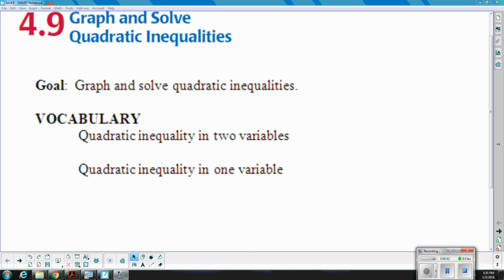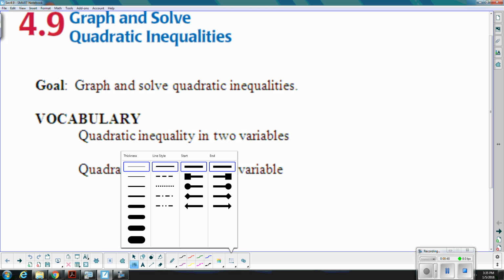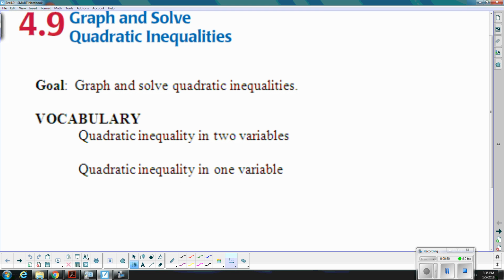With a quadratic inequality with two variables, you have an x and a y. And with a quadratic inequality in one variable, you just have an x, and the inequality is not equal to 0. It's either greater than or less than 0.